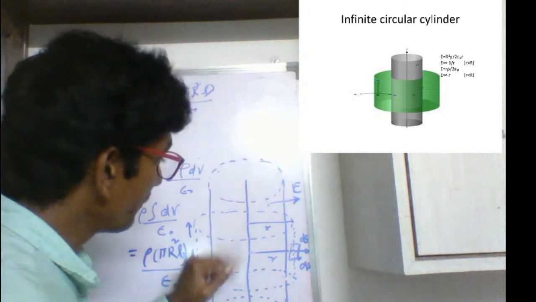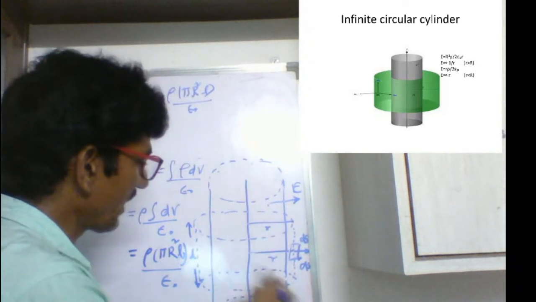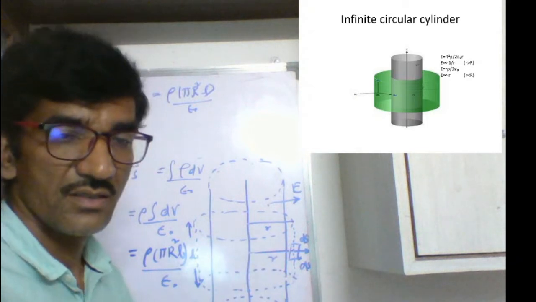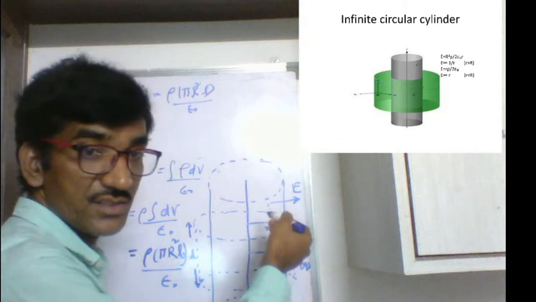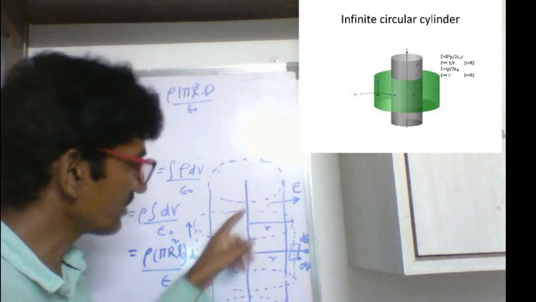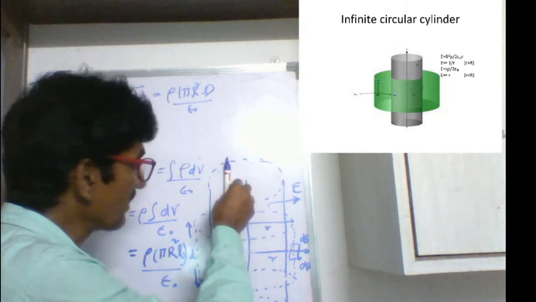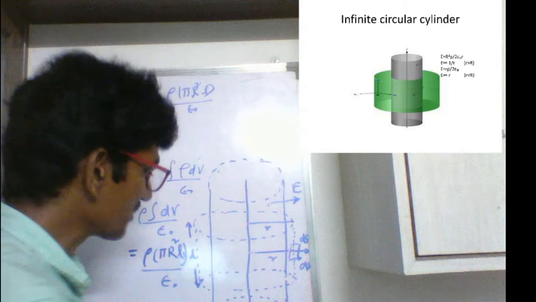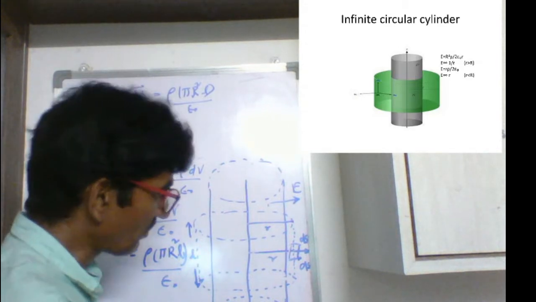When you consider the other two surfaces, top and bottom, this is one surface here. The direction of ds will be upwards here, and here the direction of ds will be downwards.